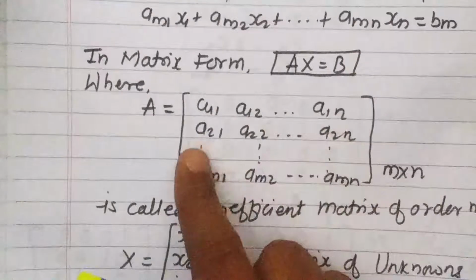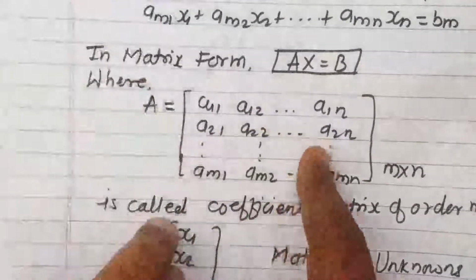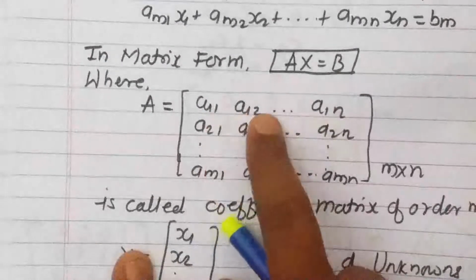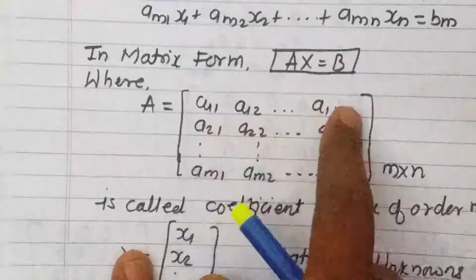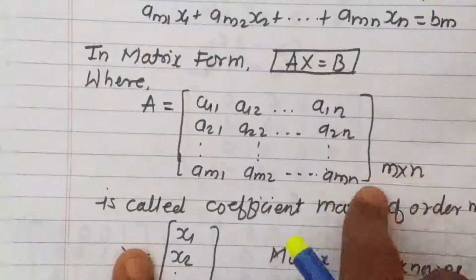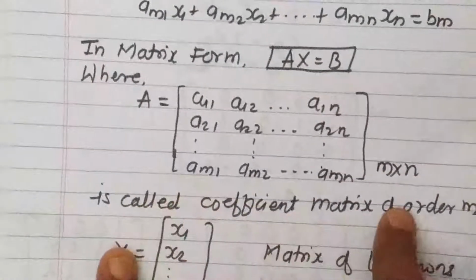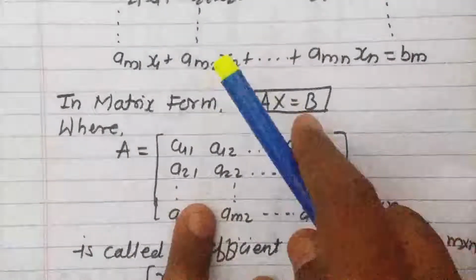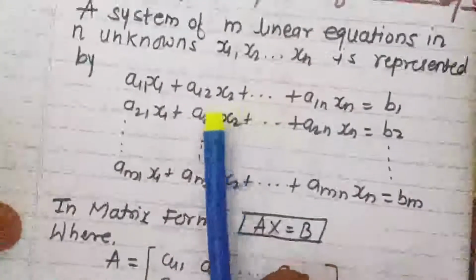Now the value of A is a11, a12, a1n, up to am1, am2, amn. It is an m by n matrix, called the coefficient matrix of order m by n. It is obtained from the coefficients of these equations.